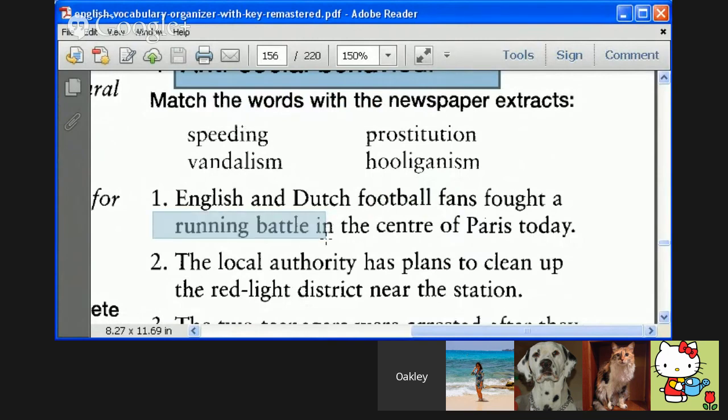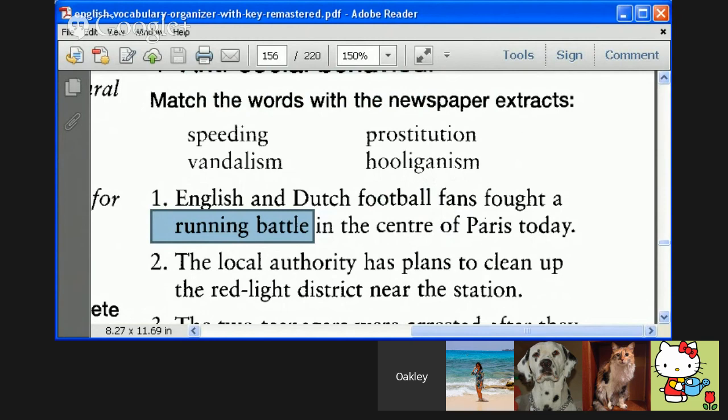Okay, what is a running battle? What does that mean? Question for everybody. Another interesting collocation. I imagine it's like a fight on the street. Yeah, but it's running, so it's moving. So the battle is where people are fighting, it's going down the street, where the center of the fight is.